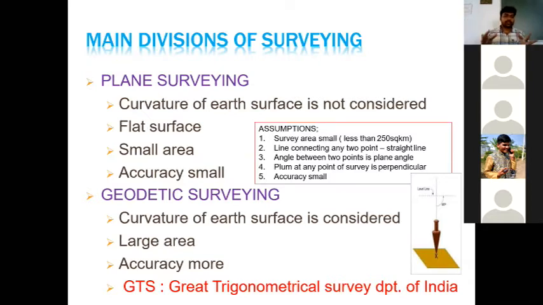Usually many projects come under 250 square kilometers, so in most cases we neglect geodetic surveying. Whenever we consider the global level, there we have geodetic survey.